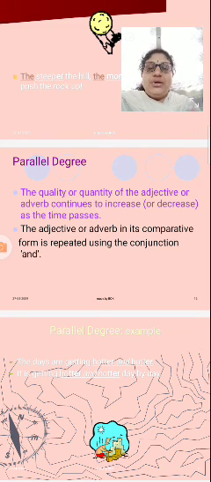Yes. So now moving to the second one of the comparative degree, that is the parallel degree.